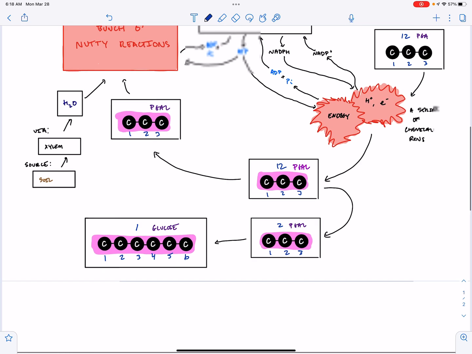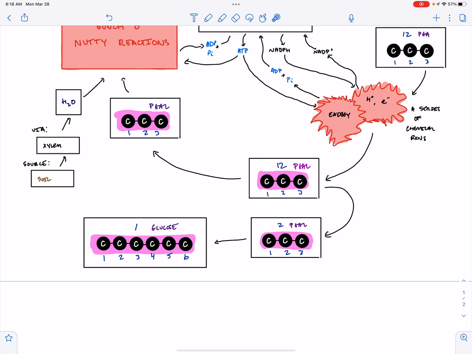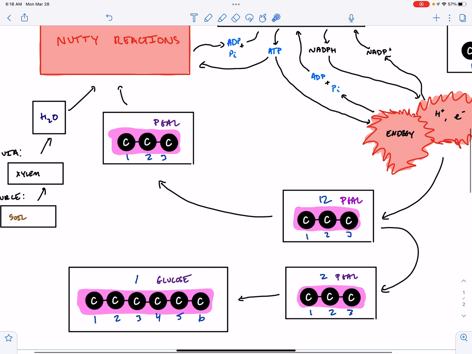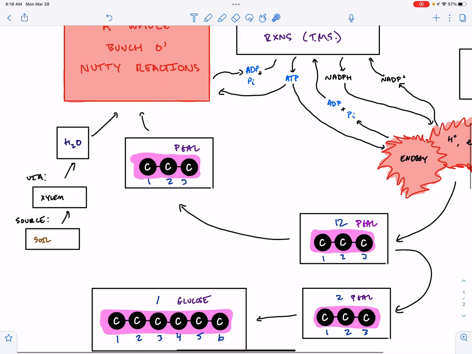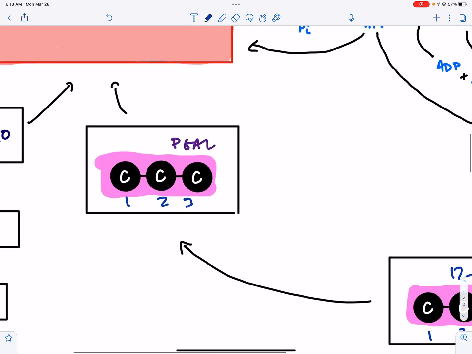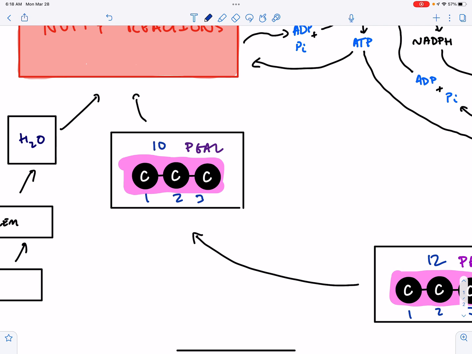Of these 12 PGAL, we are going to take out 2 in order to make 1 molecule of glucose. And then we're left on this side with 10. 10 3-carbon compounds is equal to 30 carbons total.